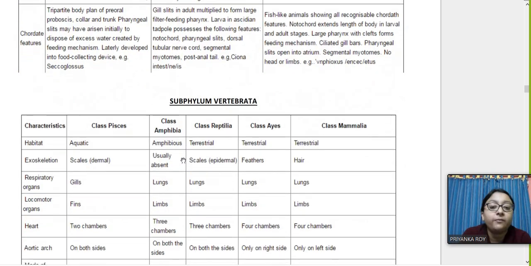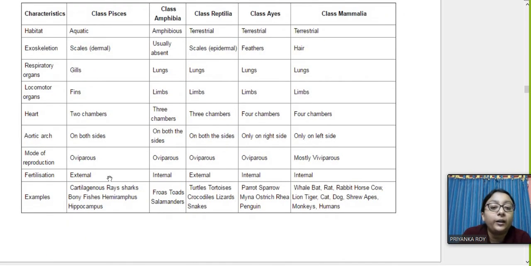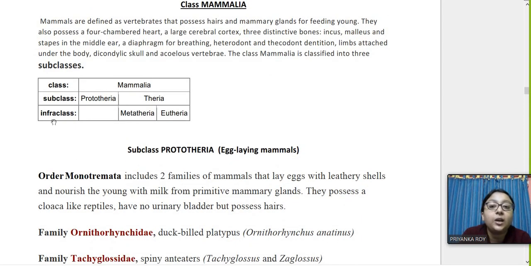Next comes the subphylum Vertebrata, where I have already discussed the basic features of these classes. From class Pisces to class Mammalia there are certain changes, and in class Mammalia we have the subclass Prototheria and another one, Theria, and the infraclasses Metatheria and Eutheria under the subclass Theria.